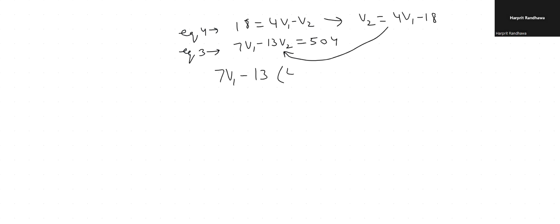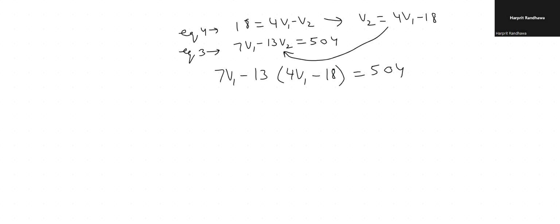You need to solve these two equations. I am using the substitution method. If I rearrange equation 4, I will get V2 is equal to 4V1 minus 18. I will plug in the value of V2 in this equation. So 7V1 minus 13 times (4V1 minus 18) is equal to 504.